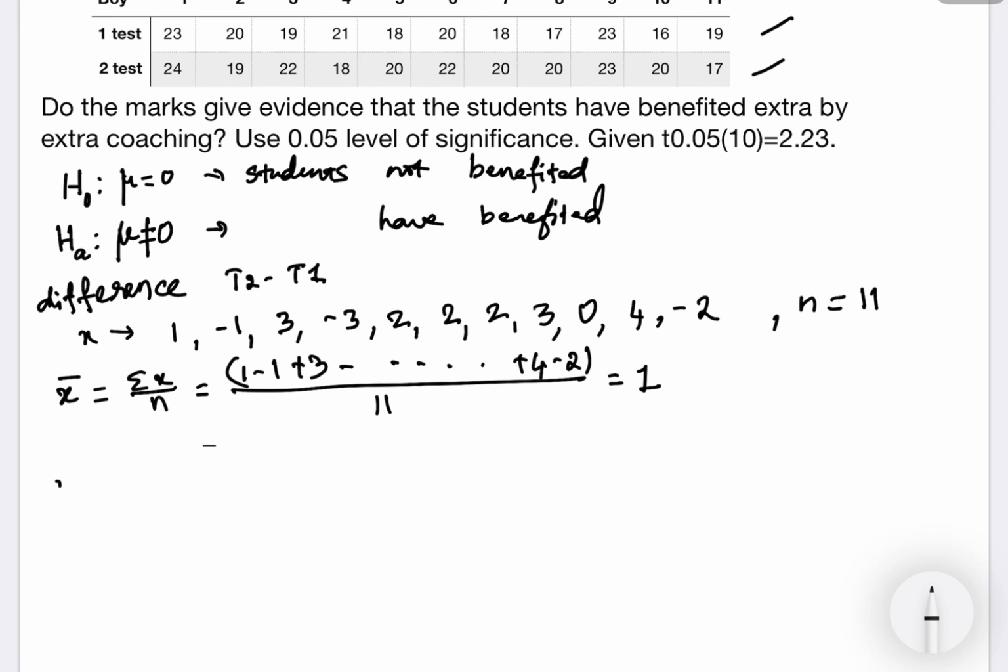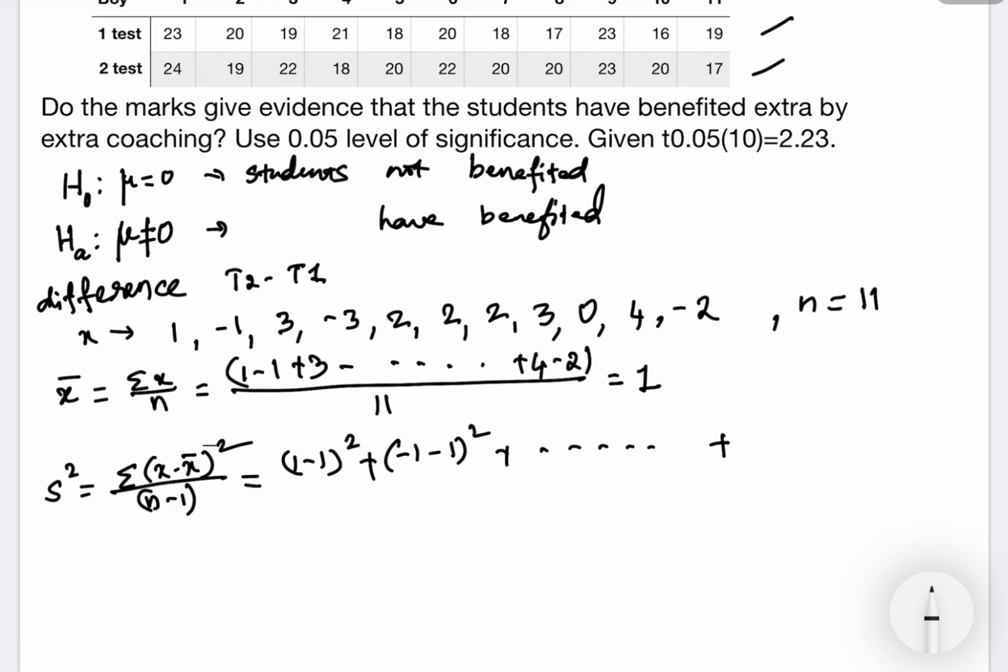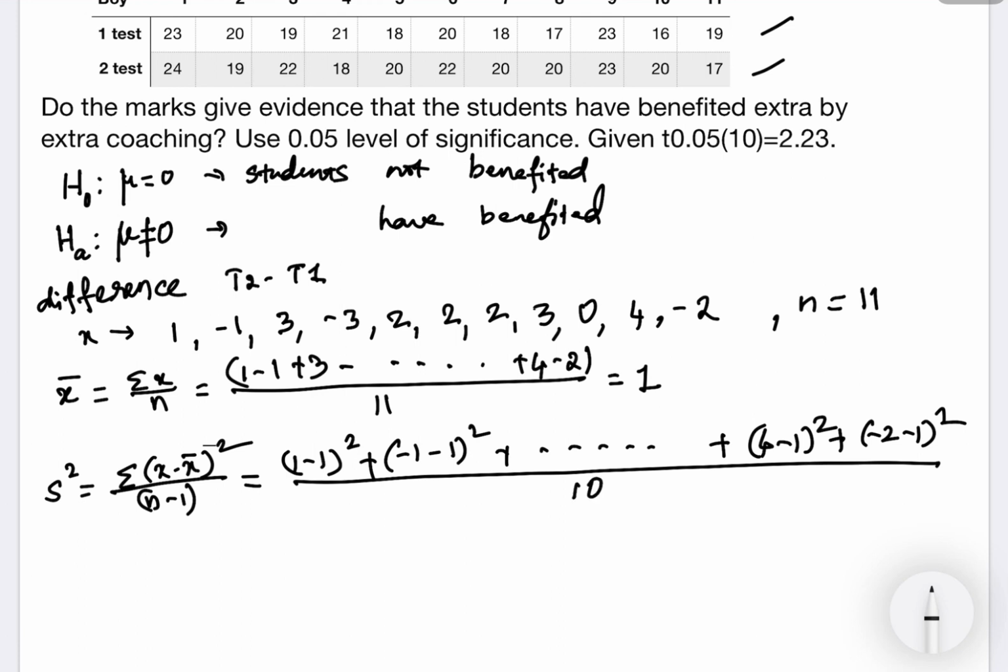And your S square will be summation X minus X bar the whole square divided by N minus 1, and it is found to be 1 minus 1 the whole square plus minus 1 minus 1 the whole square plus so on plus 4 minus 1 the whole square plus minus 2 minus 1 the whole square, divided by N minus 1, which is 10. And it is found to be equal to 5.